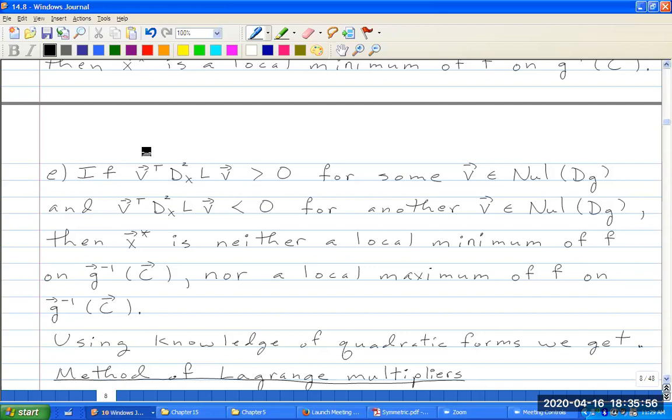If v transpose D squared L v is greater than 0 for some v in the null space of DG, and v transpose D squared L v is less than 0 for another v in the null space of DG, then x star is neither a local maximum nor a local minimum of f on g inverse c. So it'll be some sort of saddle point possible.